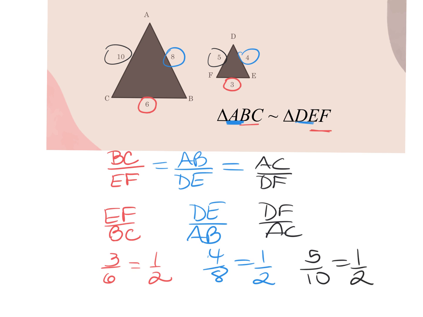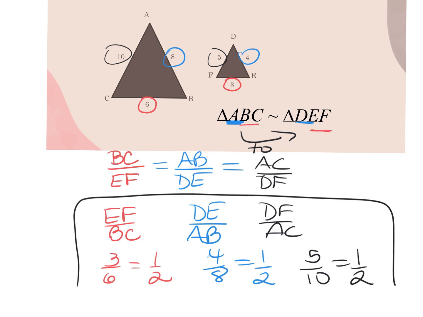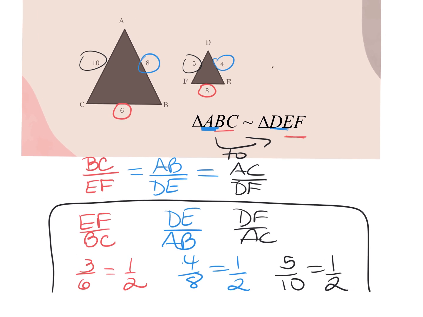Now, if they ask you for the scale factor from ABC to DEF, then you would have had to do it this way. But if they said, find the scale factor of triangle DEF to triangle ABC, going from little to big, then the scale factor would have been 2 over 1.